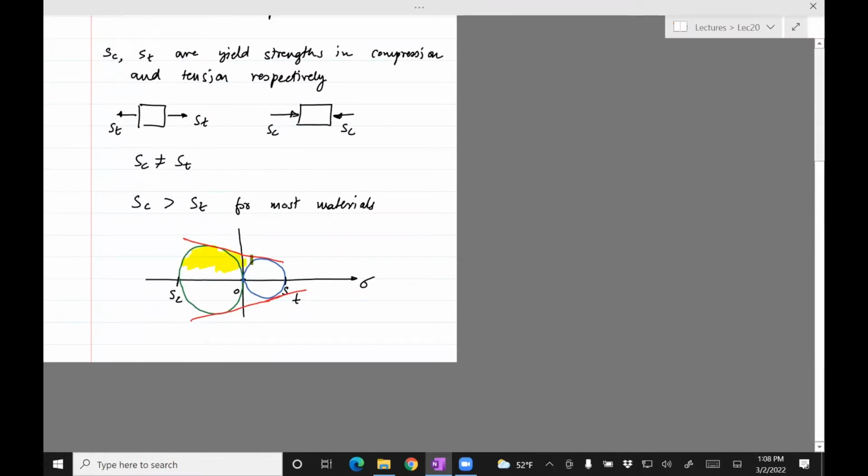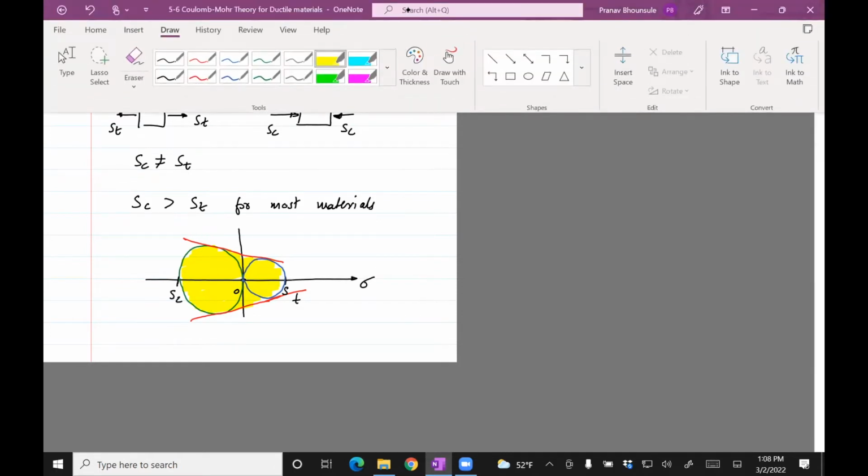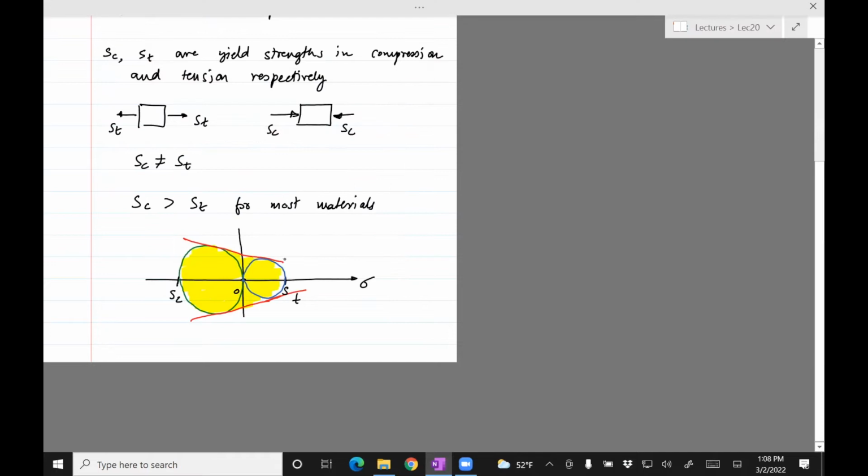This area. Failure envelope. This is the safe region.